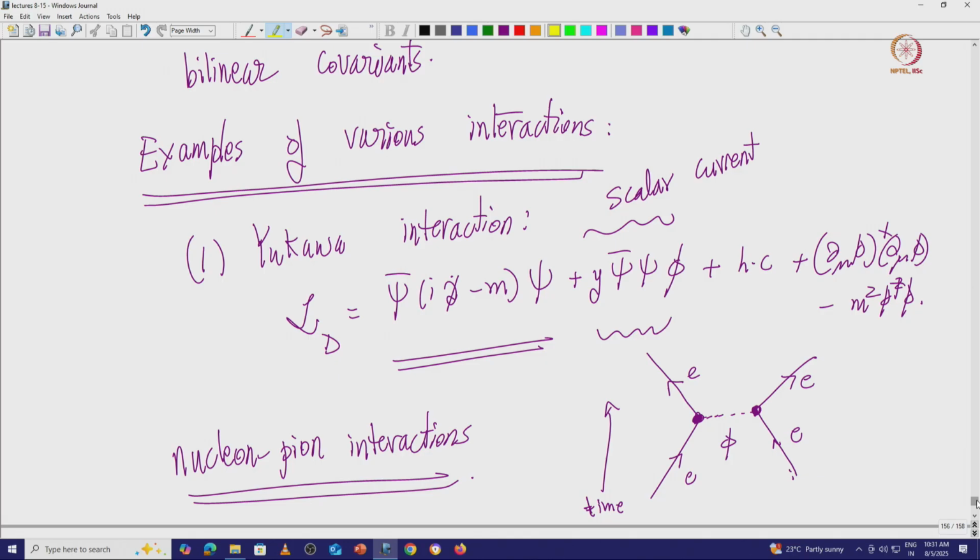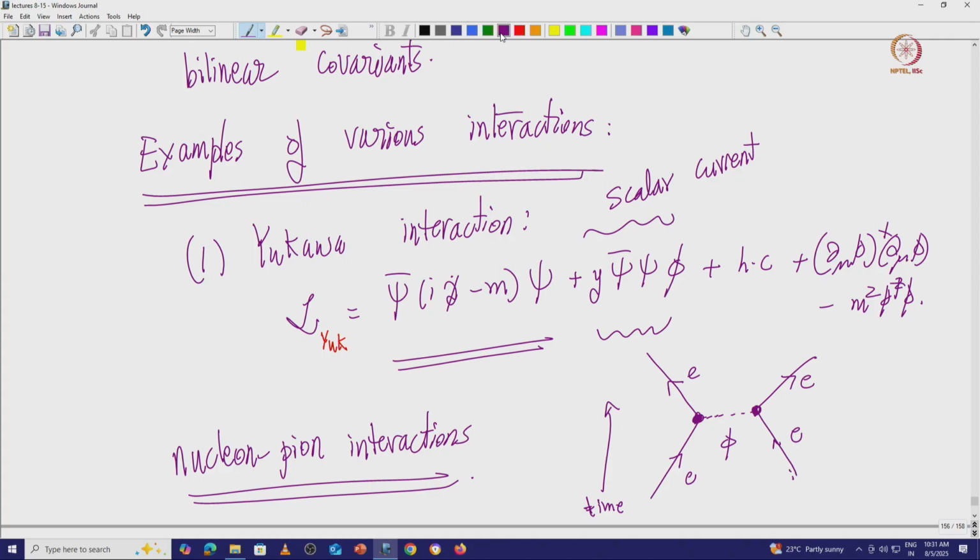field, a scalar particle which is phi, and so you add to the Dirac Lagrangian the Yukawa term. In this case you introduce not just the Dirac Lagrangian, but also the scalar current.